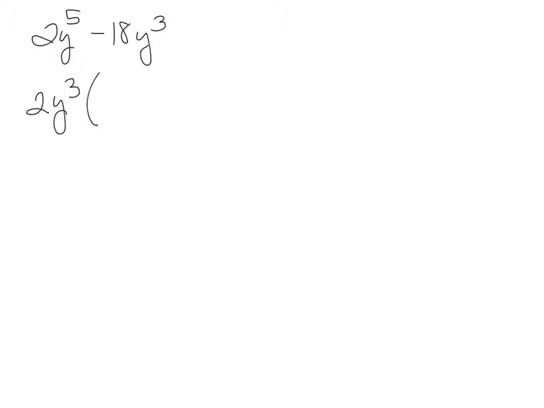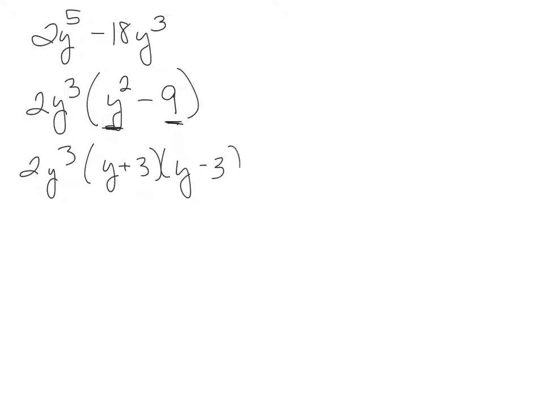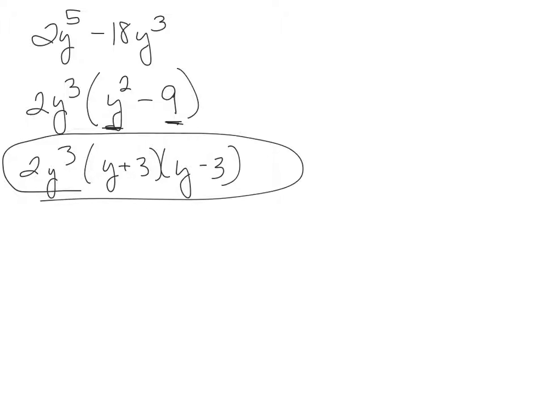So in the first term, I have y squared left when I factor out the 2y cubed, and I have 9. Am I done? Well, this looks like the difference of perfect squares, so I can factor that again. I get y plus 3, y minus 3. And now I'm done. Okay, let's look at that last one on your paper.